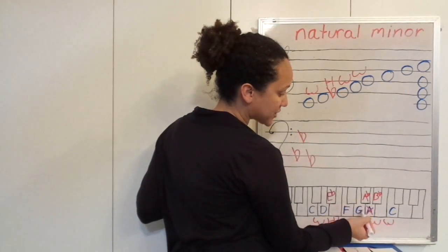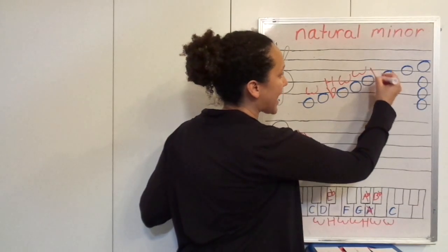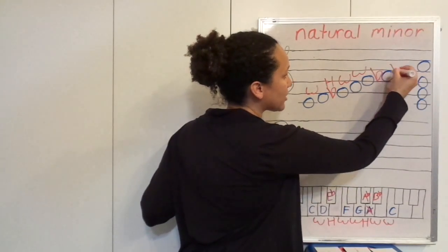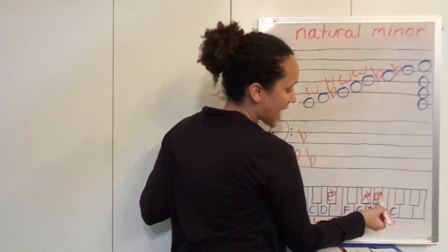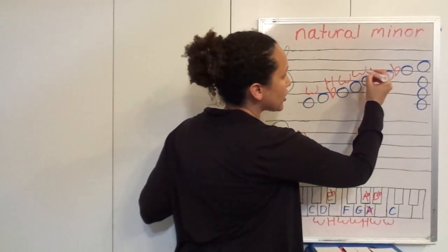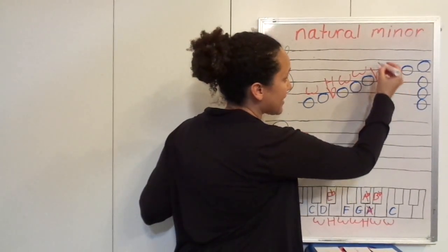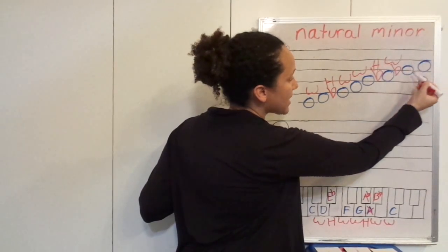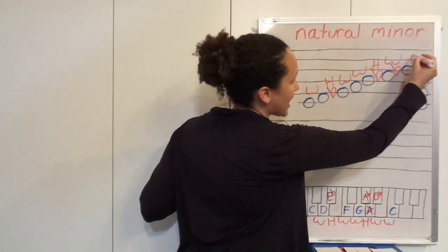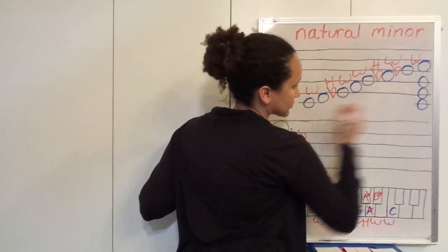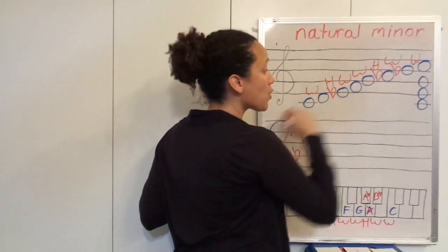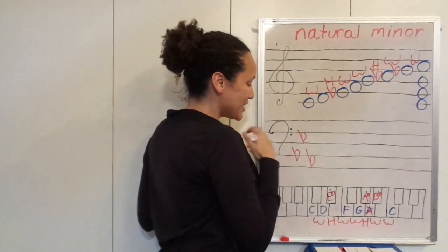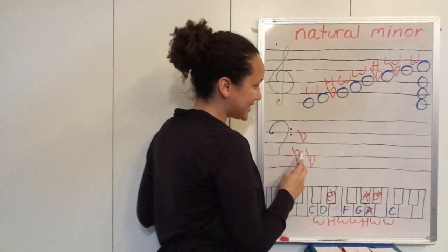We want a half step, so we lower the A to be A flat. Here's our A flat, and I'll go ahead and add in the B flat over here. So G to A flat is a half step. A flat to B flat is a whole step. B flat to C is a whole step. And that gives us our minor pattern. So we have our scale and our key signature.